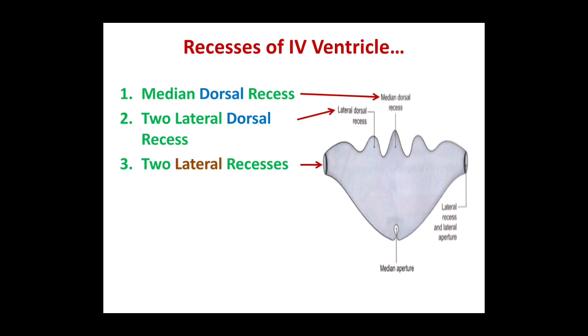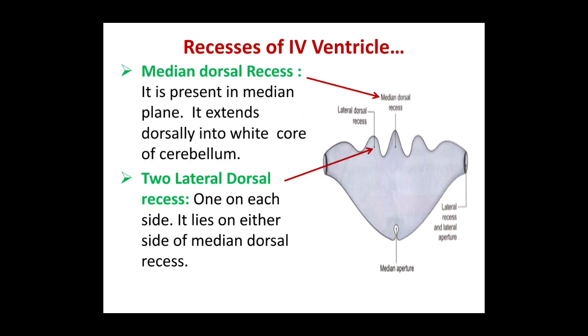The recesses of the fourth ventricle are the median dorsal recess, two lateral dorsal recesses, and two lateral recesses. The median dorsal recess is present in the median plane. It extends dorsally into the white core of the cerebellum.